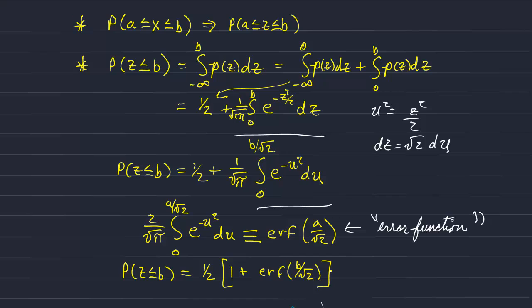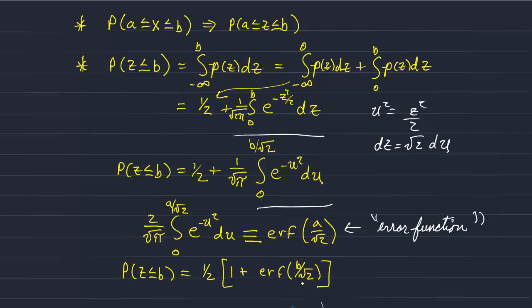Okay, well, I defined ERTH in terms of a, but we're really integrating to b over the square root of 2. So we have to write b over the square root of 2 as the argument in ERTH.